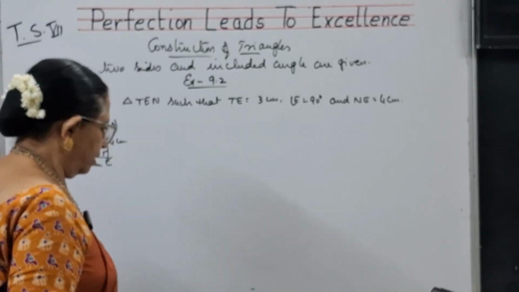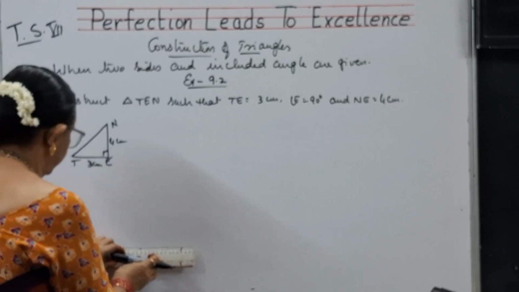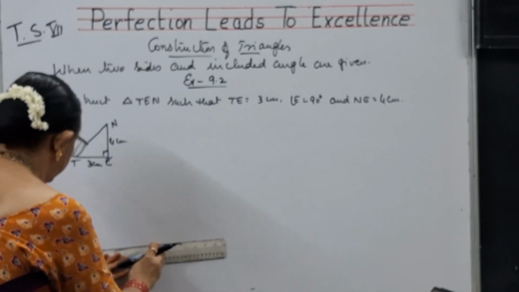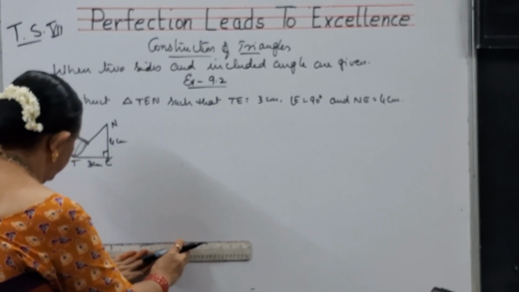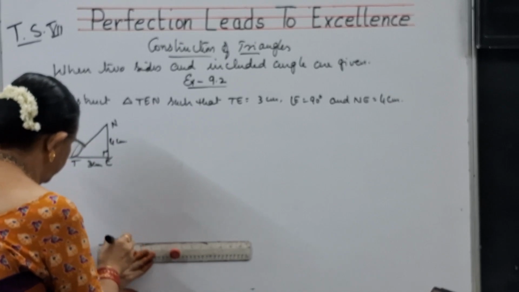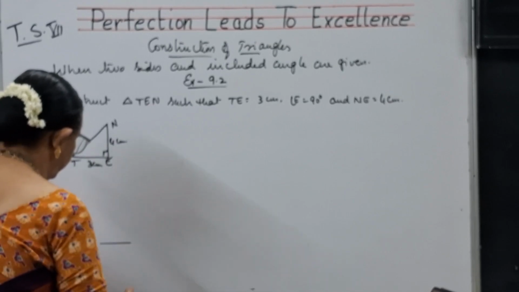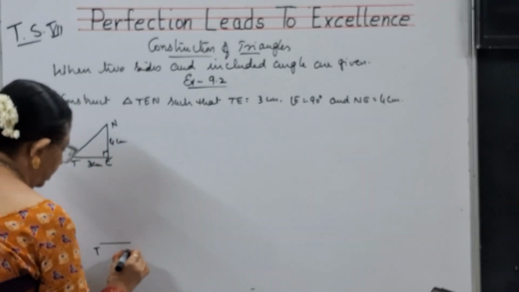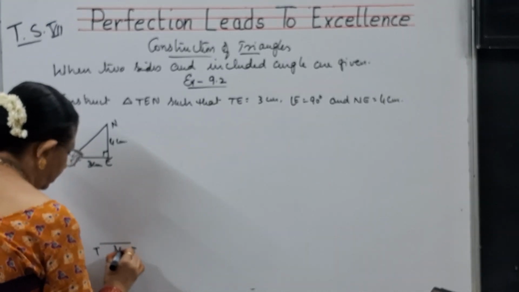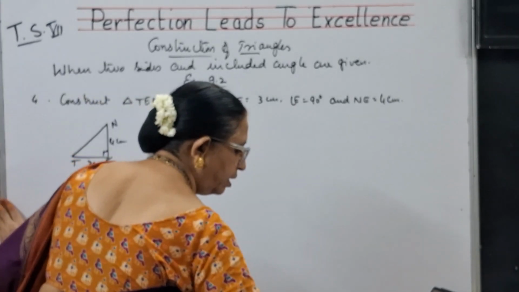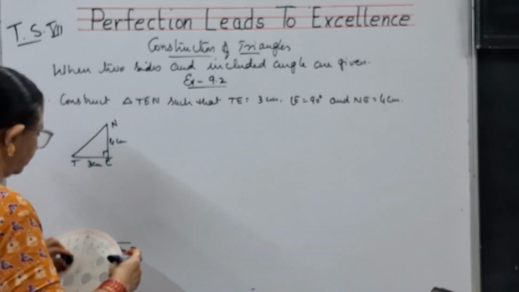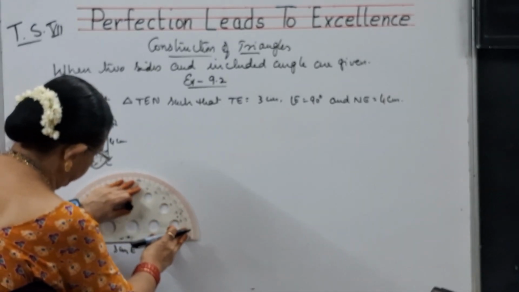So let us draw it. First I have to take TE 3 centimeters. So this is 3 centimeters, T and E. At E, I should go for 90 degrees.